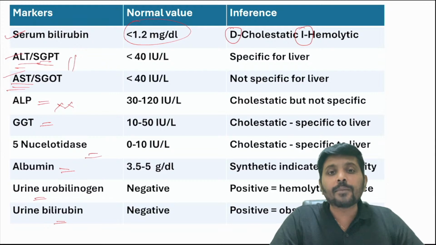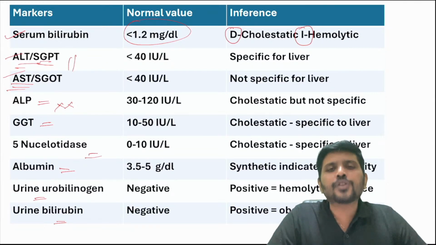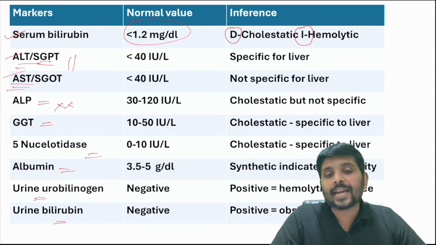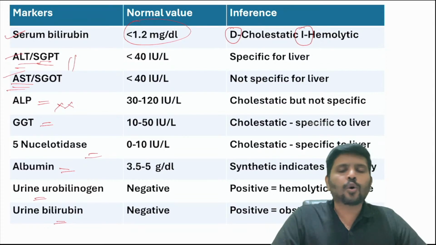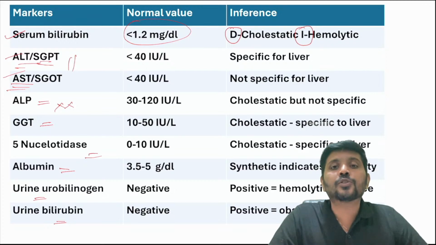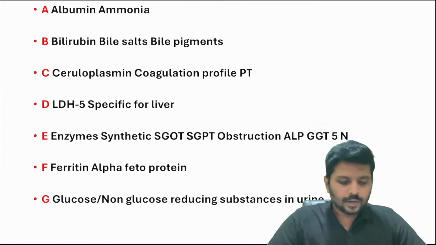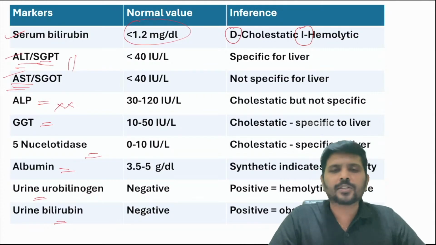Whereas if urine bilirubin is positive, urine bilirubin means what? Conjugated bilirubin. If the urine is yellow in color, again it is a case of either cholestatic jaundice or hepatocellular jaundice. Right. This is a simple bird's eye view.